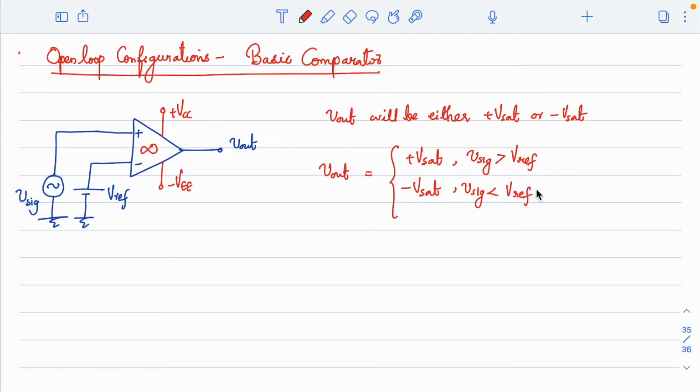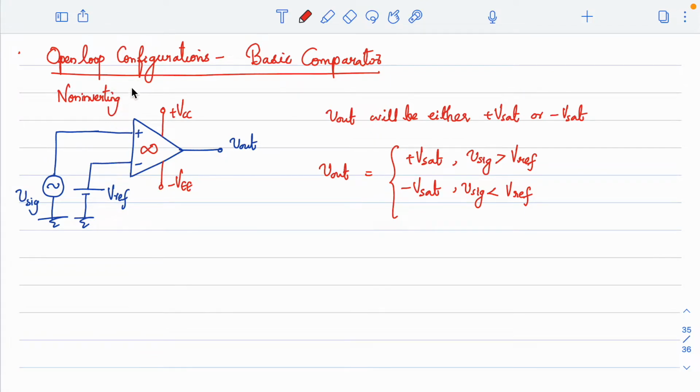When you say negative comparator, generally how we give the nomenclature here is, since the input signal is given to the positive input terminal, you look at the expression for the output. When your signal is greater than reference, output is plus Vsat. Signal is less than reference, output is minus Vsat, and for that reason we call this a non-inverting comparator.